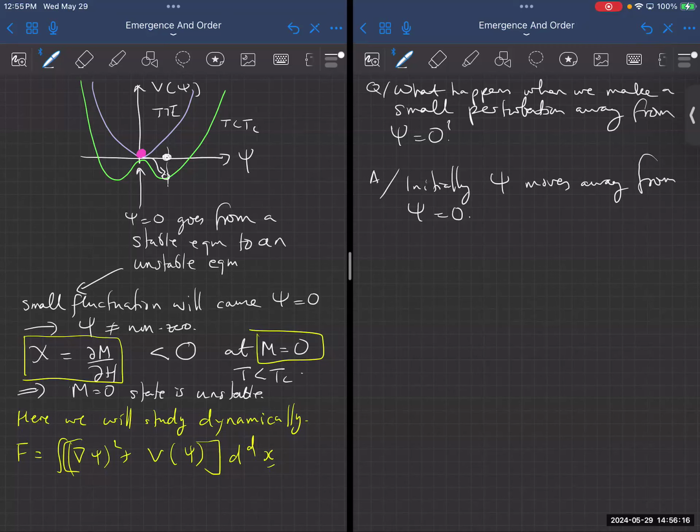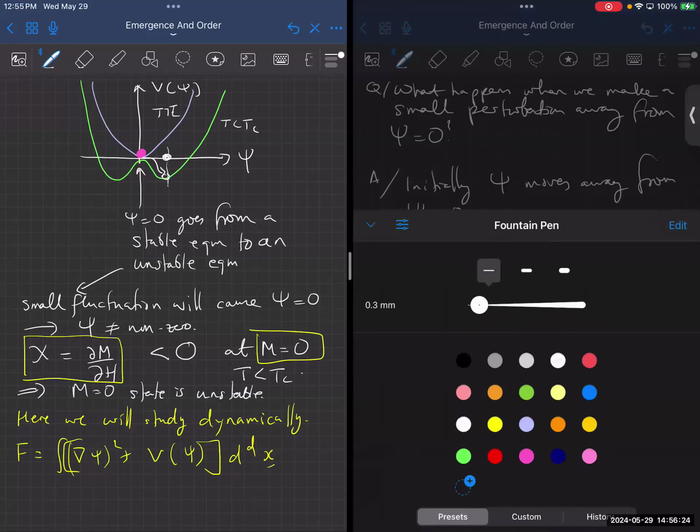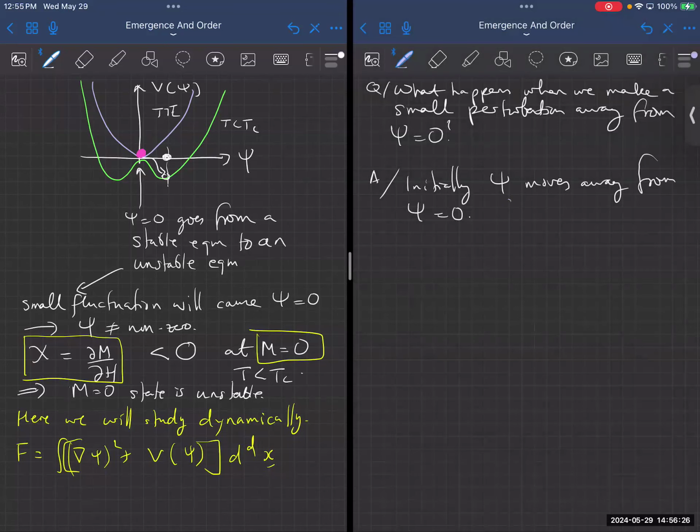And if we only look at the dynamics, that's the only thing that we can see. So that's the first thing. So we're going to capture this initial dynamics by what I'm showing you next, which is linear stability theory.